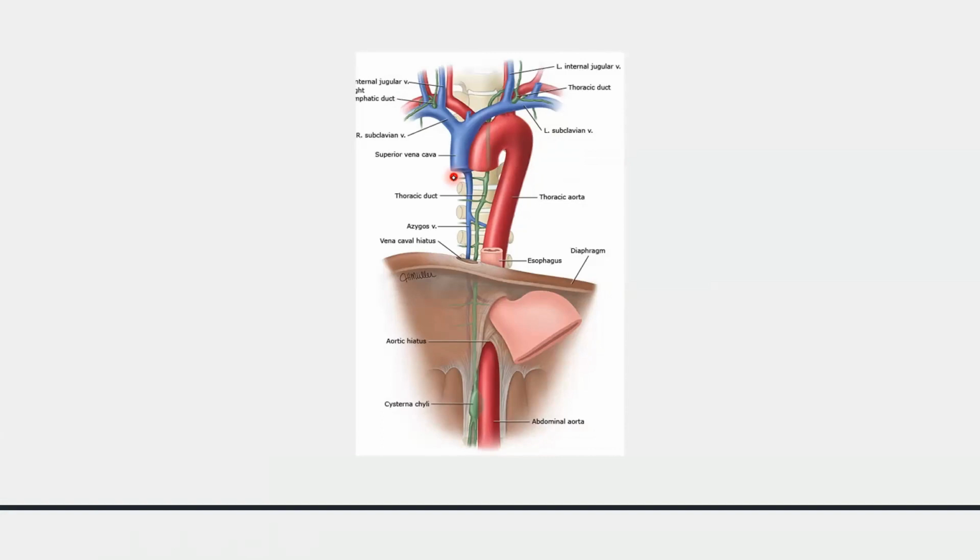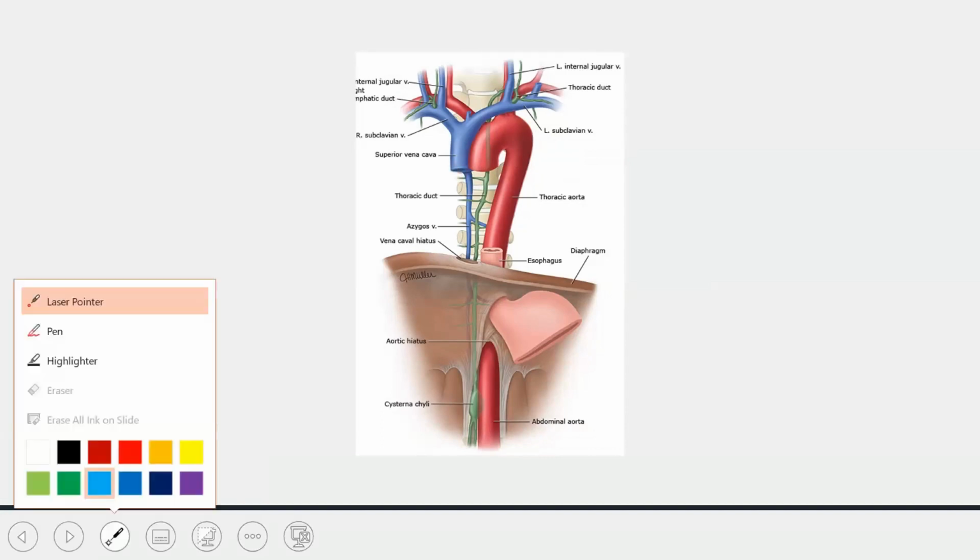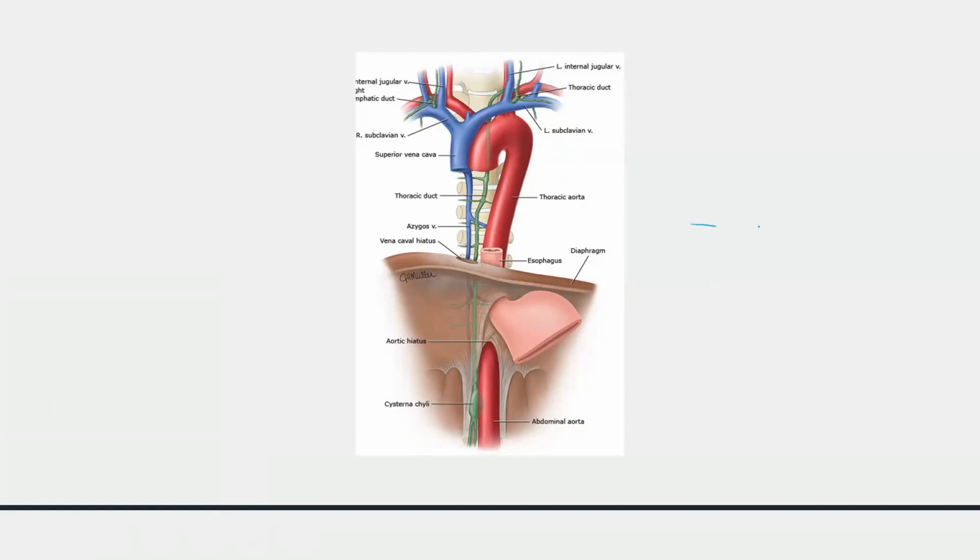So if you take this as the T4-T5 level, and this is the sternal angle, you have the ascending aorta up to this level, and at this level the arch of aorta starts.